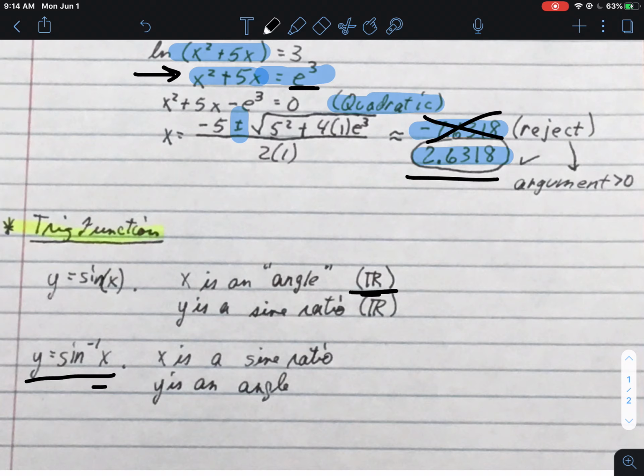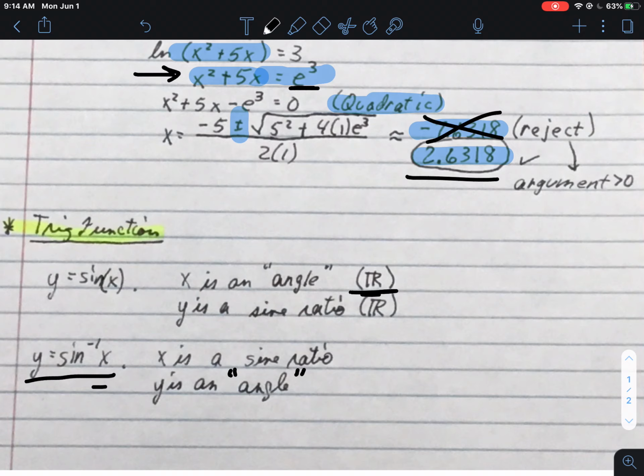But for an inverse trig function, that means that the input would be the sine ratio, and the output is the angle, quote unquote. But again, ultimately, that is a real number as well. We tend to think of inverse trig functions as having the output be the angle: the y value is the angle whose sine is x. So just a little reminder there.